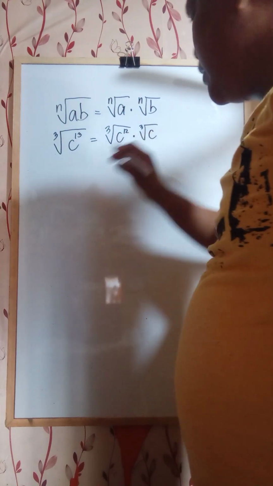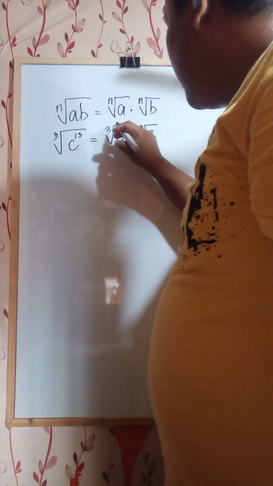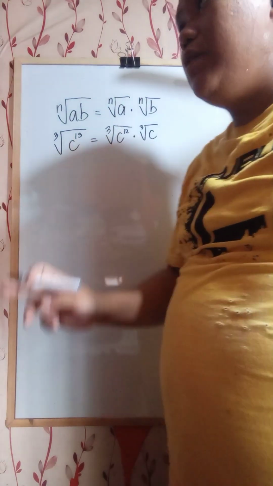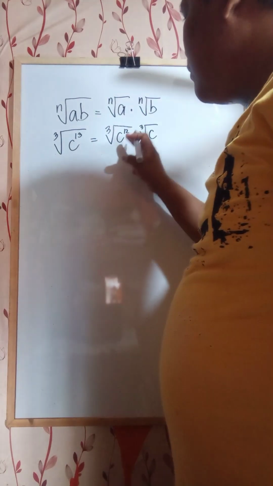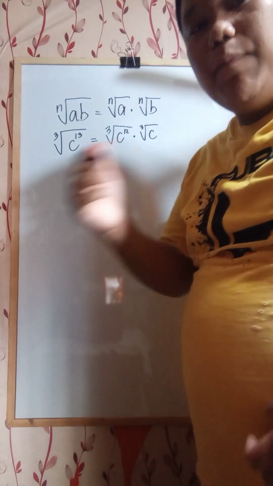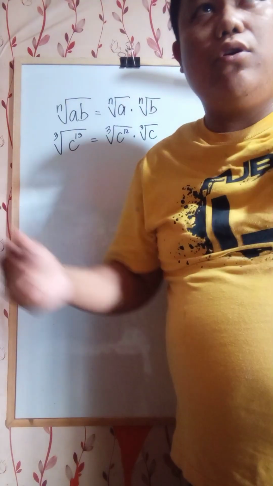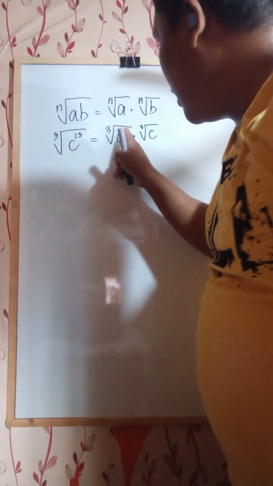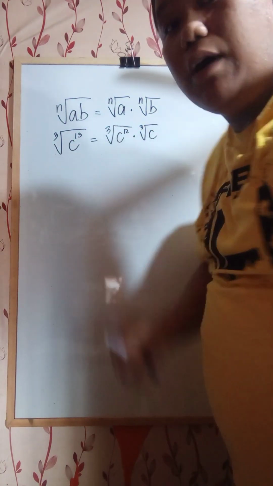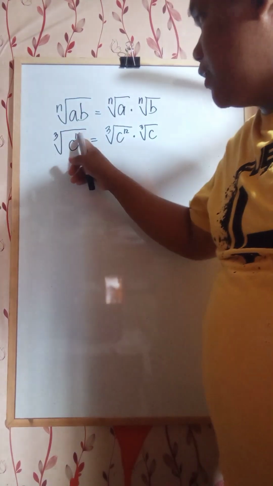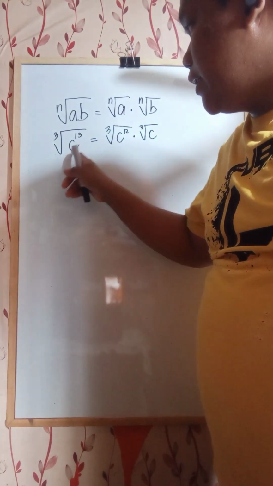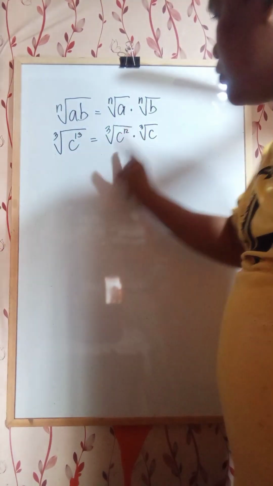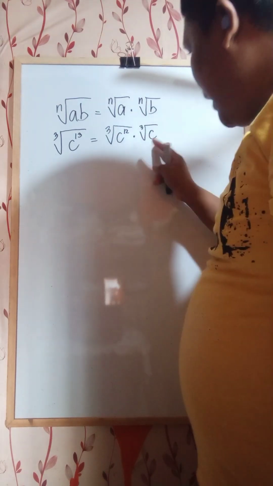Where did c to the power of 12 and c come from? If you factor c to the power of 13, that is c to the power of 12 times c. Applying the laws of exponents, you add the exponents 12 and 1, so 12 plus 1 makes 13. We split it into two factors: one is c to the power of 12, the other is c.